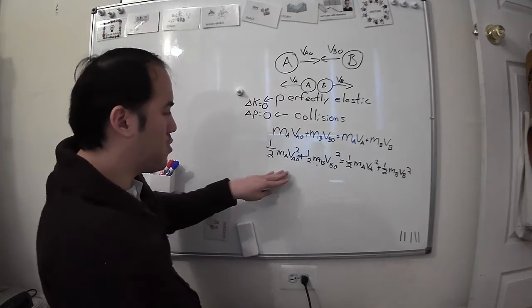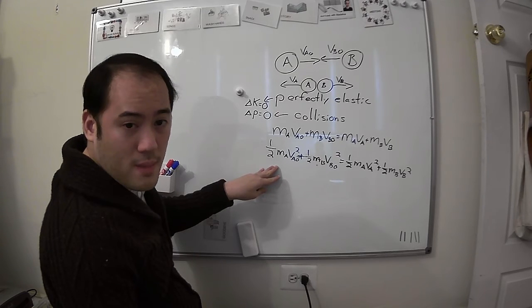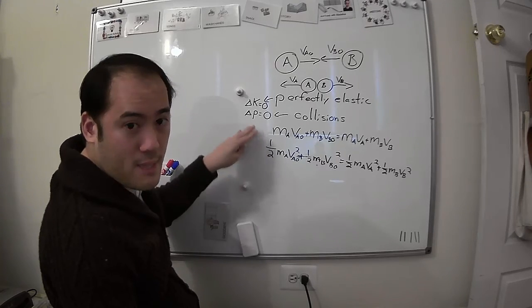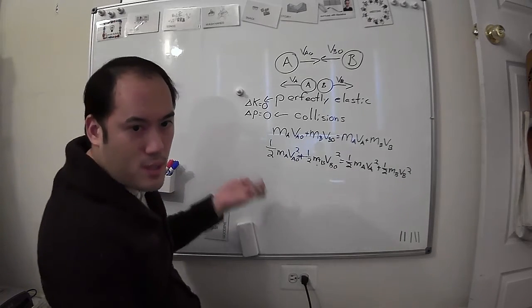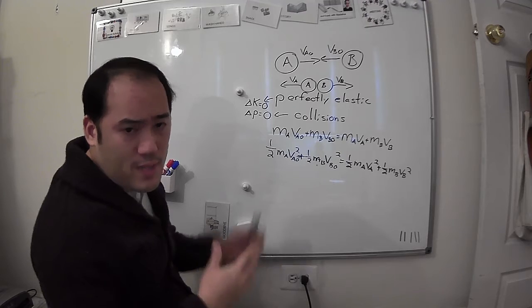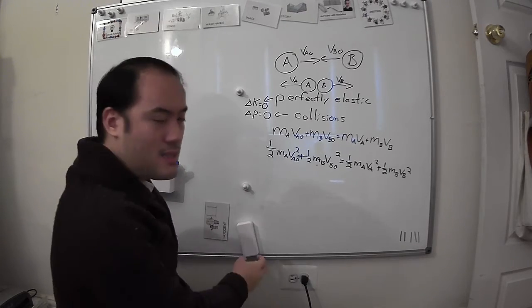Okay, so super crazy equation for conservation of energy, but same idea. The initial K equals the final K. We assume there's no springs or gravitational effects. And I'm going to erase all the 1/2 to make it slightly easier.